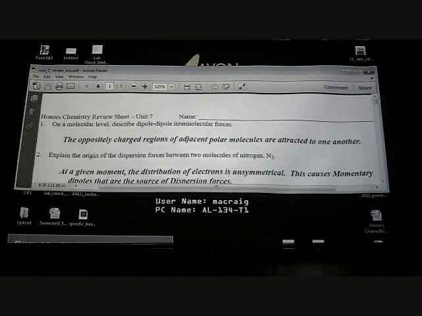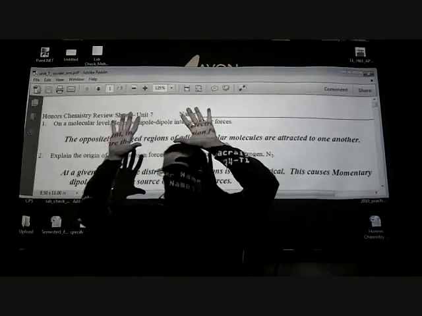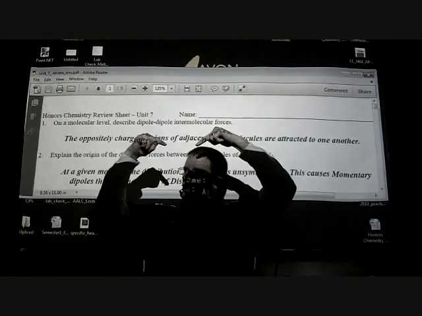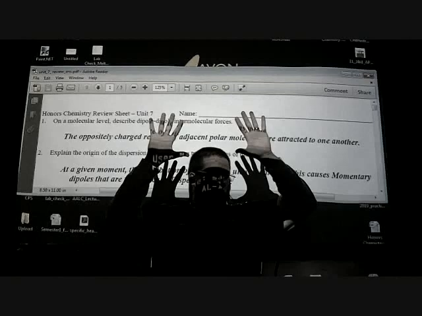I like that. So when we talk about dipole-dipole intermolecular forces, the difference between the forces between molecules in a polar compound versus a nonpolar compound is that with a nonpolar compound, there are what are called momentary dipoles. I think I'm answering question number 2 here. If I'm looking at, say, 2 hydrogen atoms sharing the 2 electrons in between, the reality is they're sharing those electrons equally.